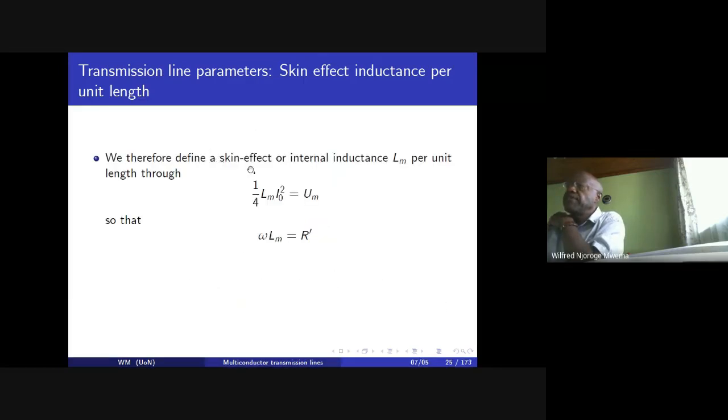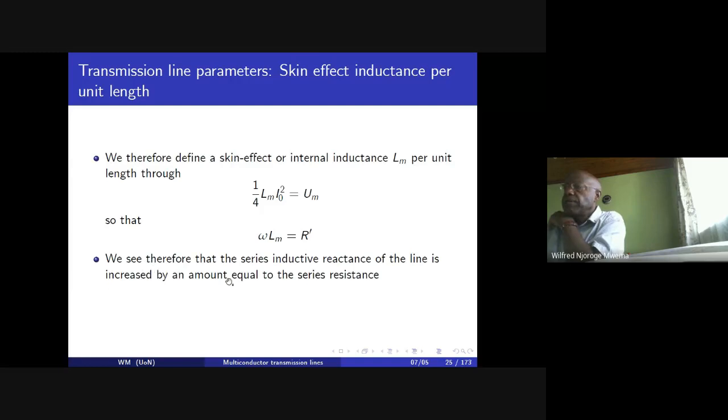So we define a skin effect or an internal inductance Lm per unit length through that value there, Lm I naught squared over 4 equal to U of M, and therefore we get that omega Lm is equal to R prime.